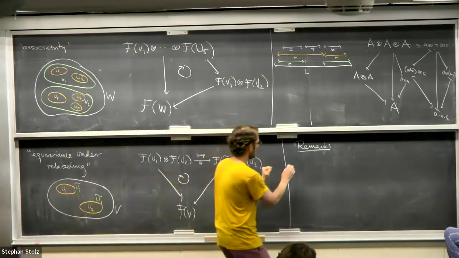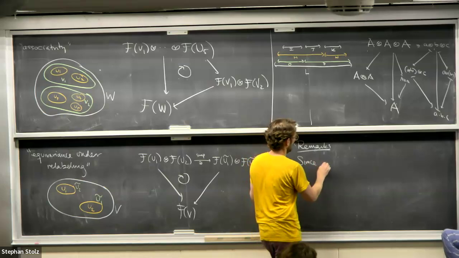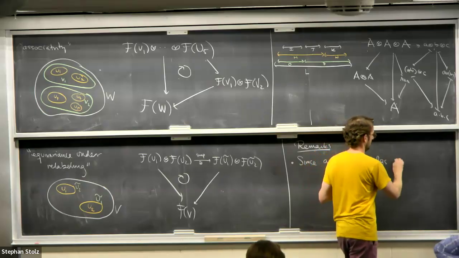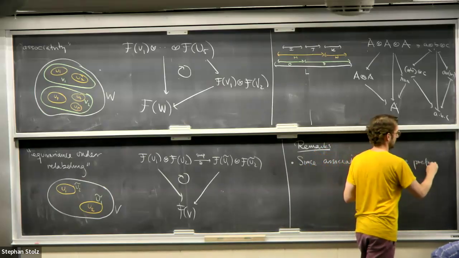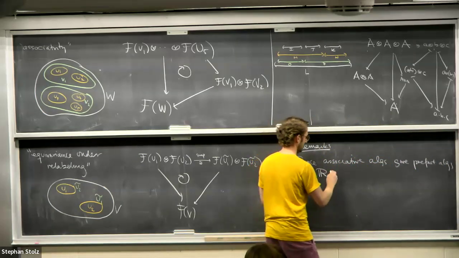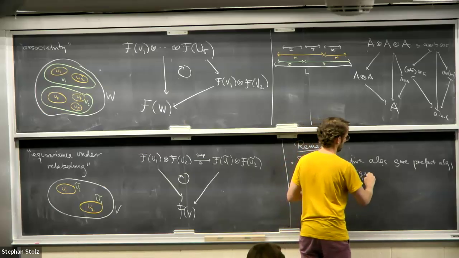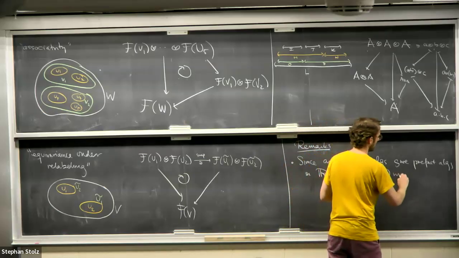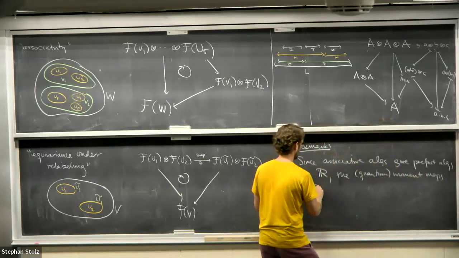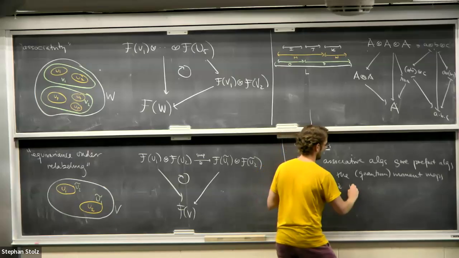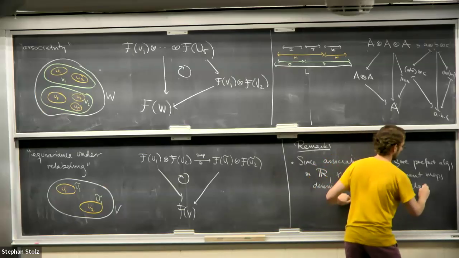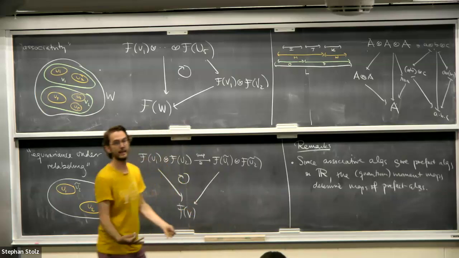So since associative algebras give prefactorization algebras on R, the quantum moment maps determine maps of prefactorization algebras. So it's certainly a home where we can re-articulate the structure that I talked about.